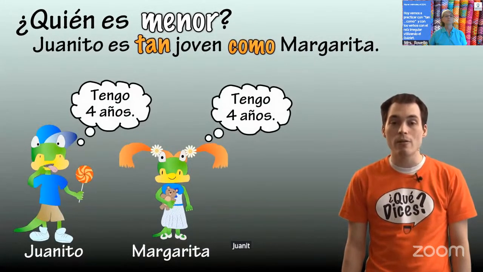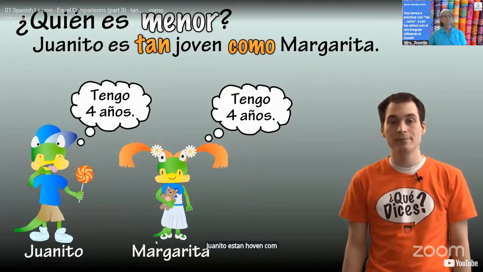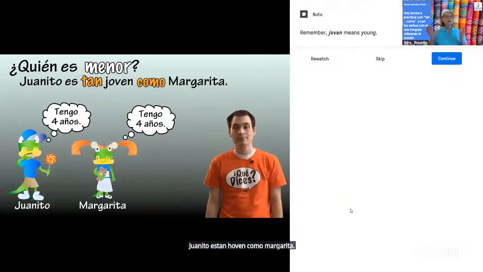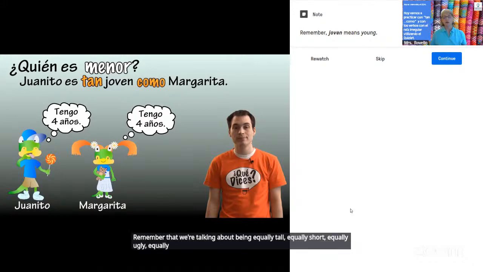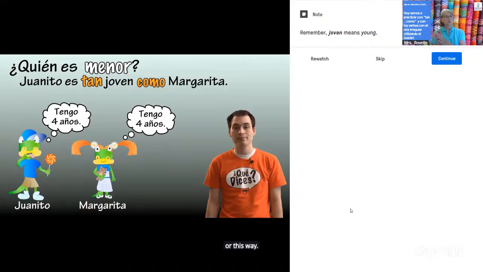Juanito es tan joven como Margarita. Okay, so two ways of saying the same thing is what he's trying to express to us here. Remember that we're talking about being equally tall, equally short, equally ugly, equally young, equally old, whatever, okay? And so we can say it by saying neither one, nadie, or this way, tan como. So who is younger?